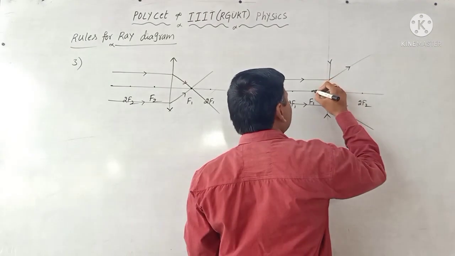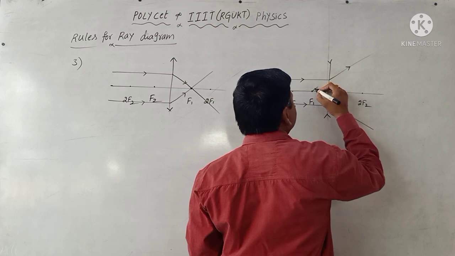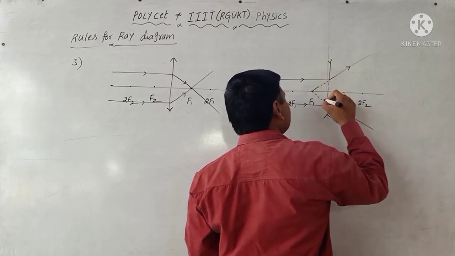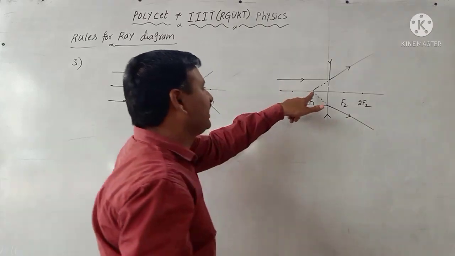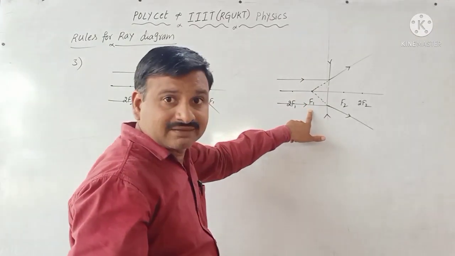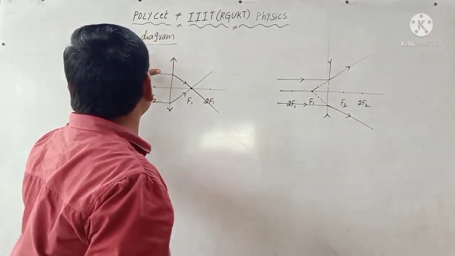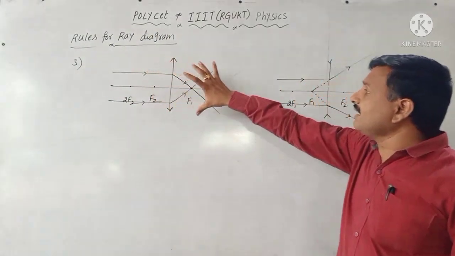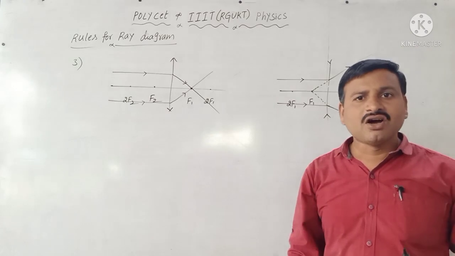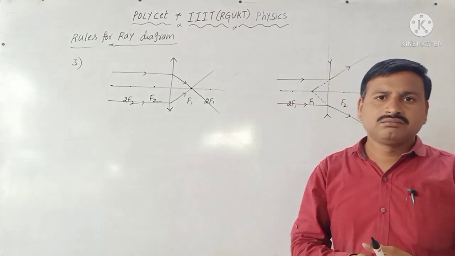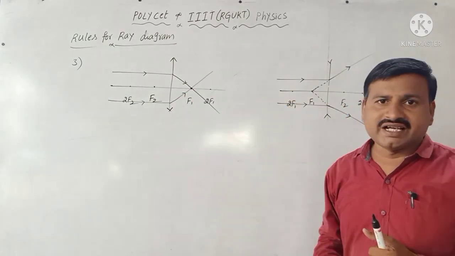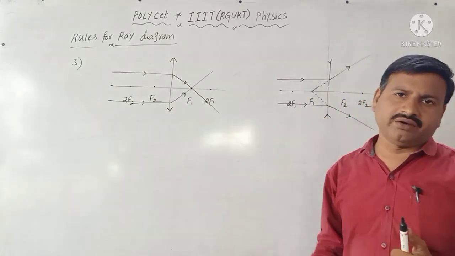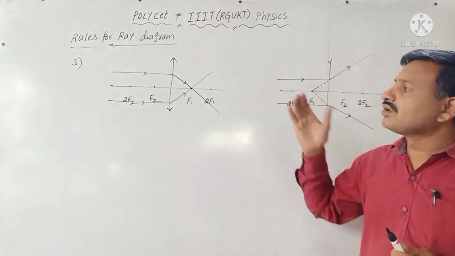These diverging light rays are extended, and these extended light rays meet at focus. So totally, in the third situation, the light rays passing parallel to the principal axis, after refraction, converge at focus, either convex or concave. So it is rule 3.